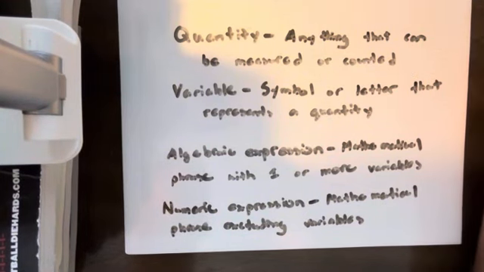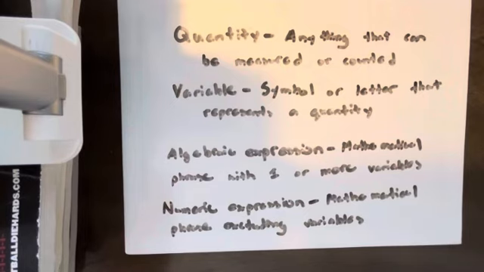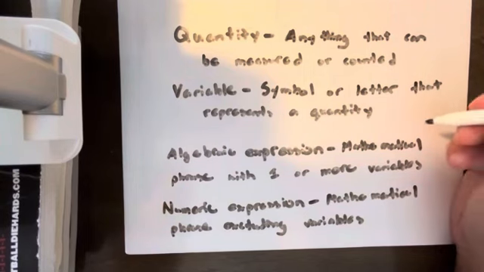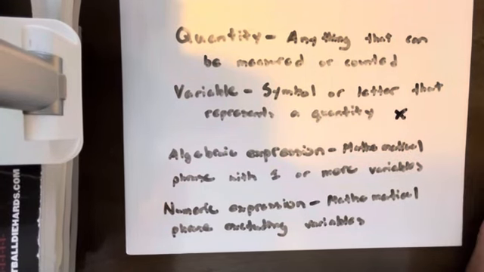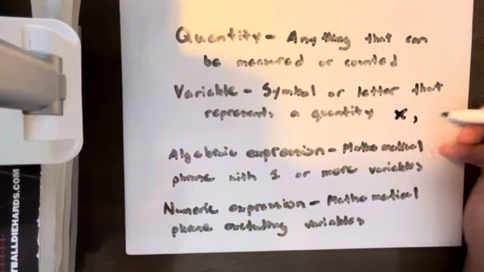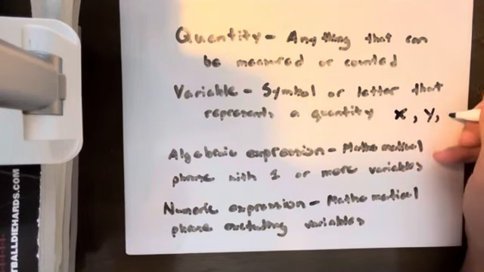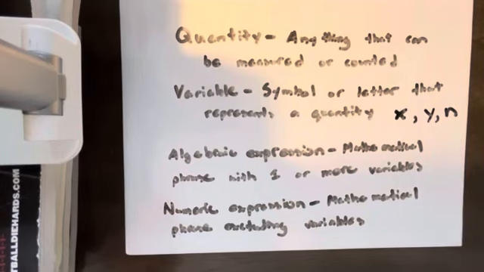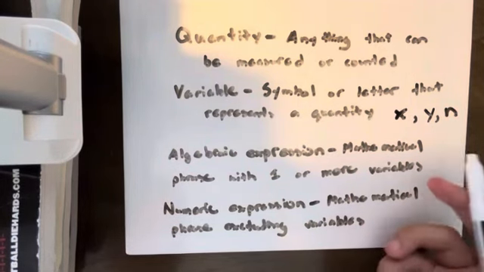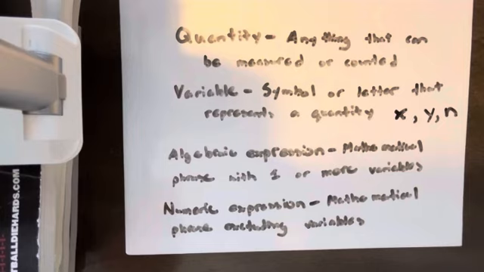Next, we have a variable. This is a symbol or letter that represents a quantity. So, for example, the most common are X or possibly Y, or maybe even an N. These are just examples. Pretty much any letter would be considered a variable or any other symbol.